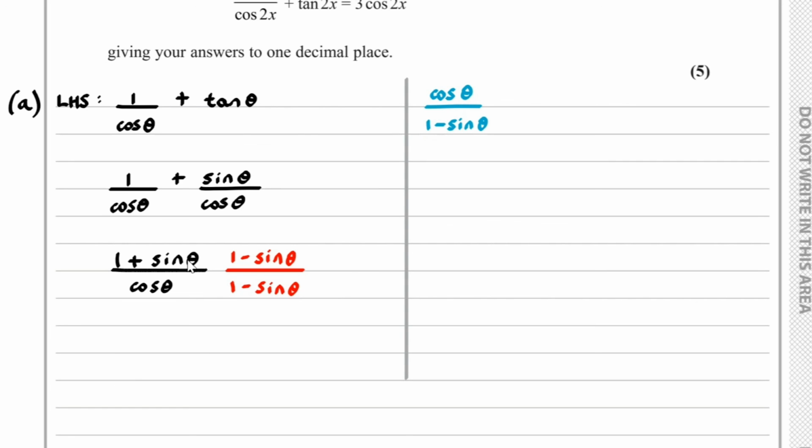Well, if I expand along the top, 1 plus sin theta multiplied by 1 minus sin theta, that is the same as 1 minus sin squared theta. And on the bottom, I've got cos theta multiplied by 1 minus sin theta.